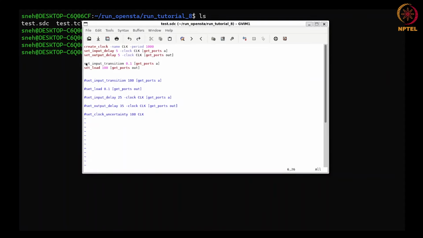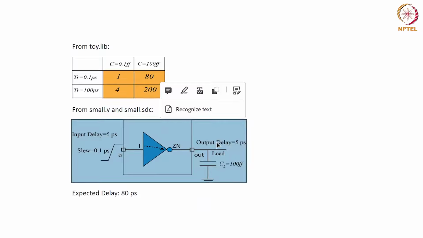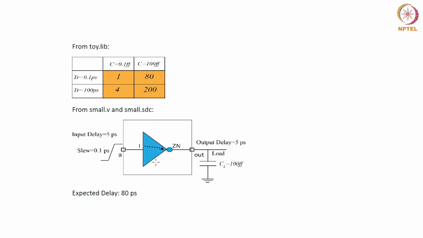Now, using this information, input transition and load, and the NLDM, we can compute the expected delay of the inverter. Let us see how we can do this. We have the circuit, the design, and the constraints represented here. We have an inverter, the input slew is 0.1 and the output load is 100 femtofarad.